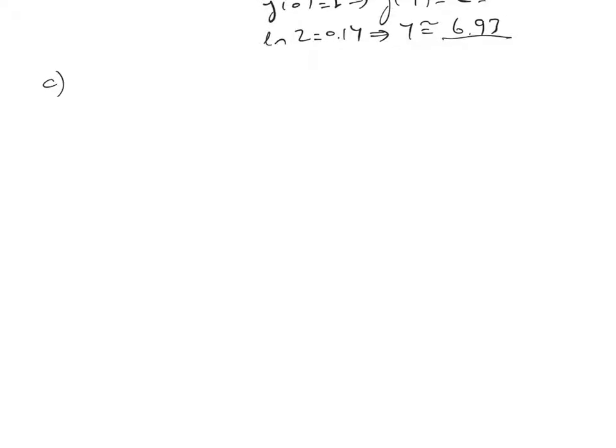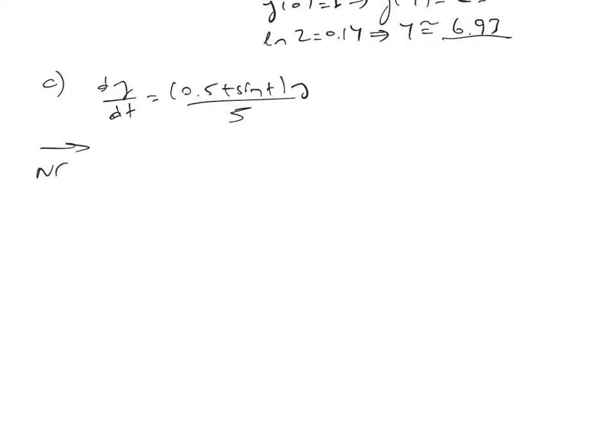In part C, we are asked to suppose that sin t in the differential equation is replaced by sin 2 pi t. What effect does this have on the doubling time tau? As you remember, our first differential equation is dy over dt is equal to (0.5 plus sin t) times y over 5.